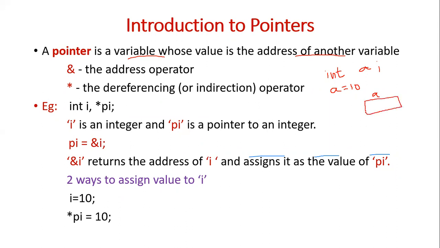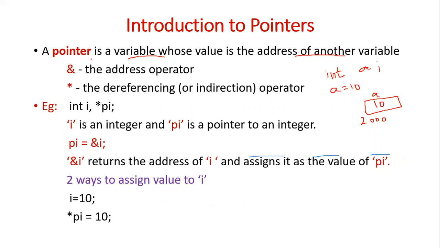So this a is the name of the variable. That's all. a is just a label to this location, but this location will have some address. Let us assume that address is 2000. The address of this location is 2000. And what is the value of a? 10. So 10 will be stored here. Okay, fine. So this is with respect to a.